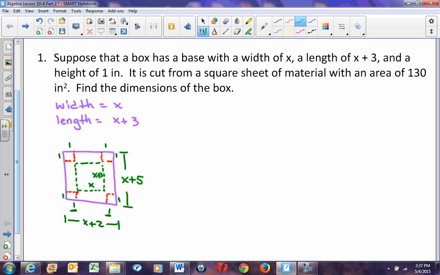If you remember, the area equals length times width. So my length times my width has to equal my area.